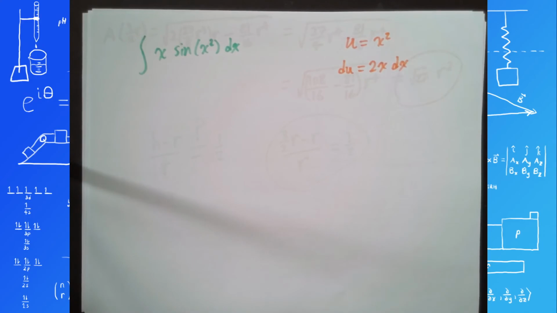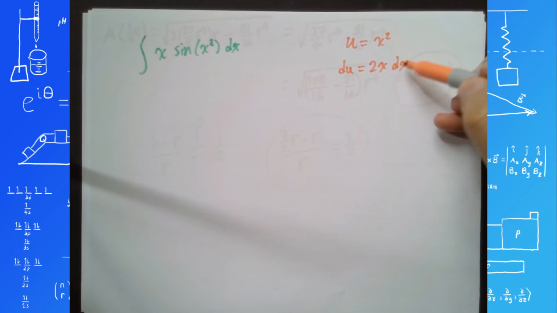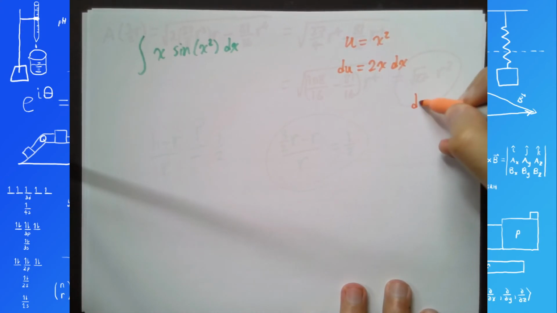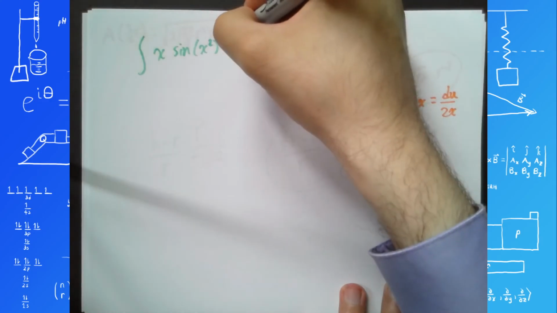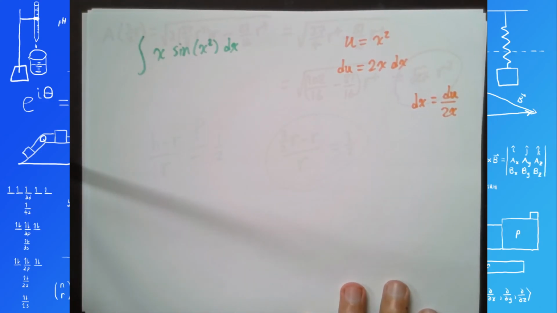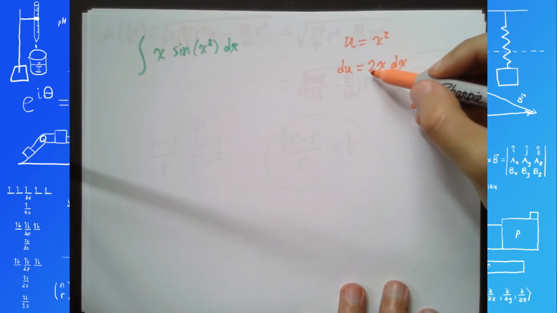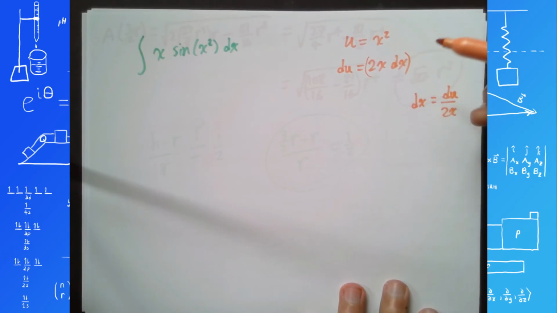Depending on how your teacher taught you, some teachers will teach you to solve for dx and get dx equals du over 2x and substitute that in, which you can do, that's fine. But the way I do it is I just look for a 2x dx and substitute that for du.